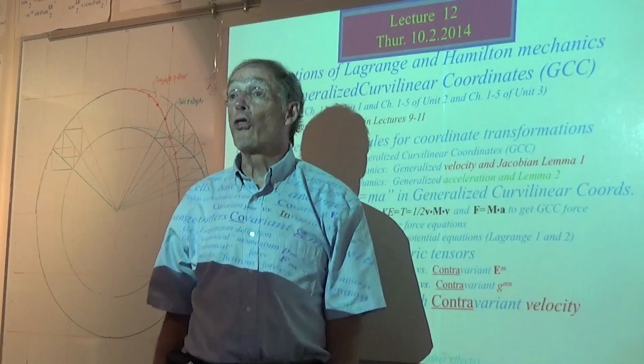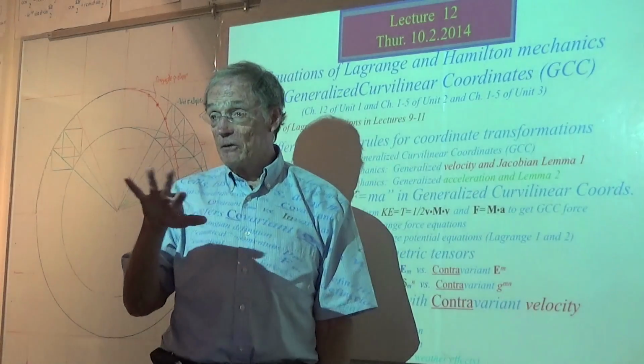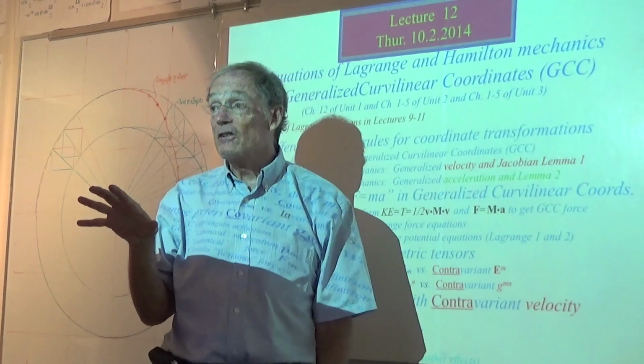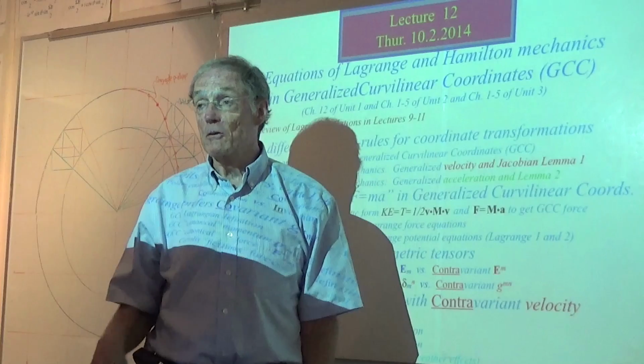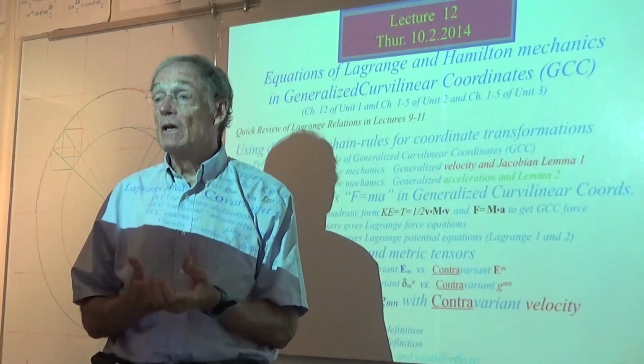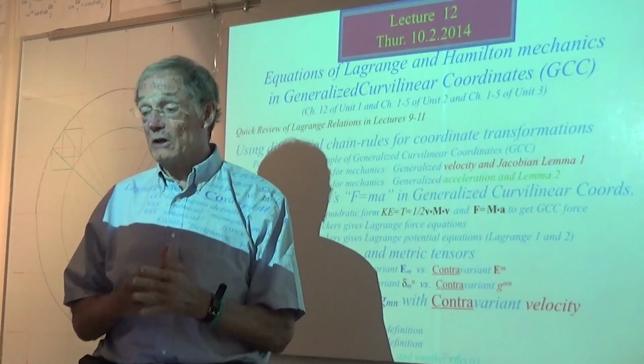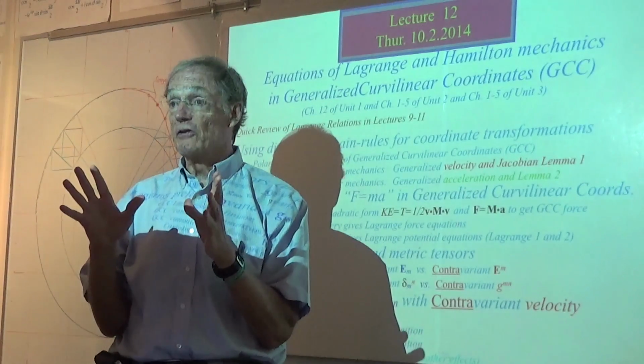Those are orthogonal curvilinear coordinates, and there's some very beautiful and special cases of orthogonal curvilinear coordinates that we'll be developing, actually discovering, when we do chapter 10 of this unit 1, which has the complex variables.